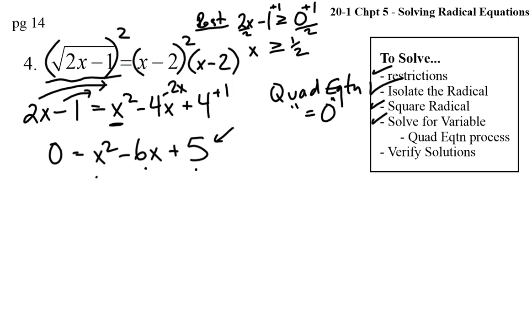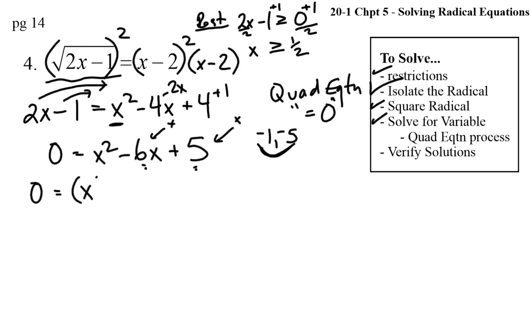What is going to multiply to 5 but add to negative 6? What about negative 1, negative 5? Negative 1 times negative 5 is a positive 5. Negative 1 plus negative 5 is your negative 6.